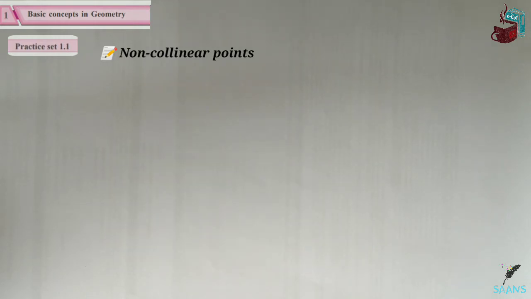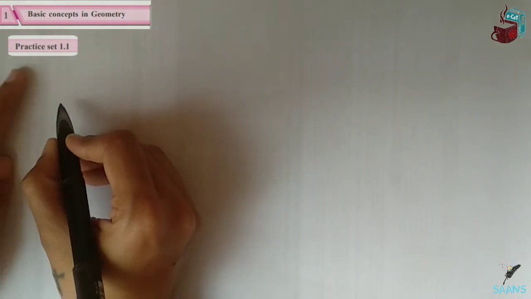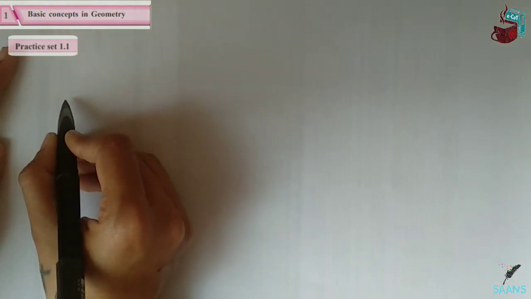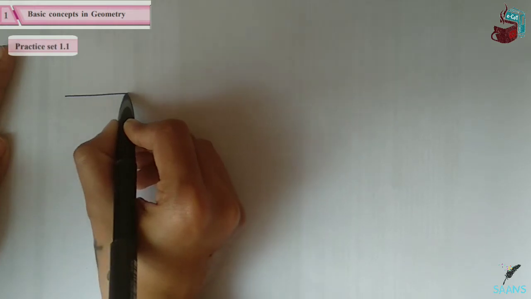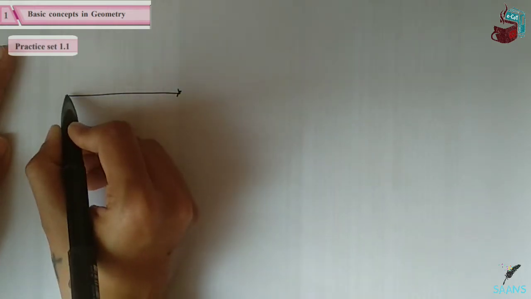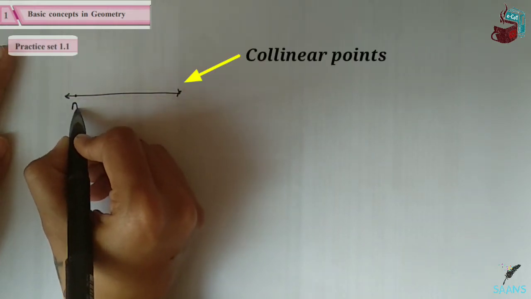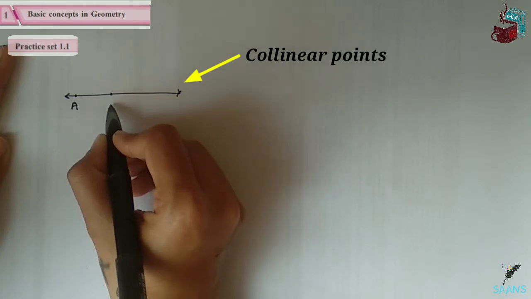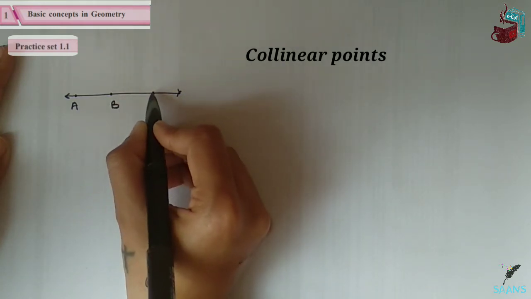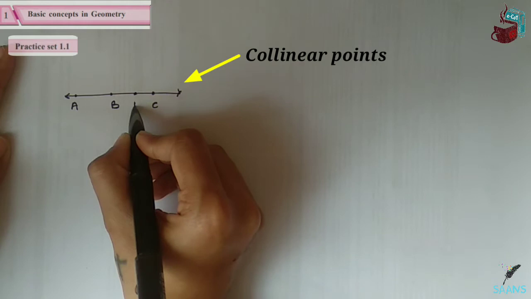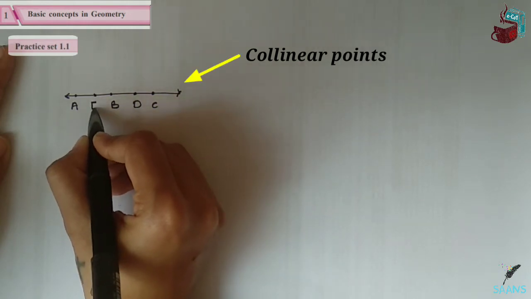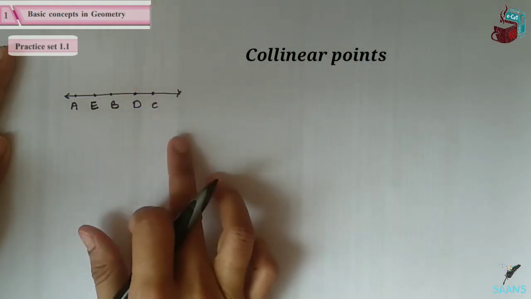ठीक है, तो let me just summarize it, हम लोग उसको देखेंगे एक लाइन के हिसाब से. So suppose this is your line A, B, C, D, E. So this is a line and all these are the points.